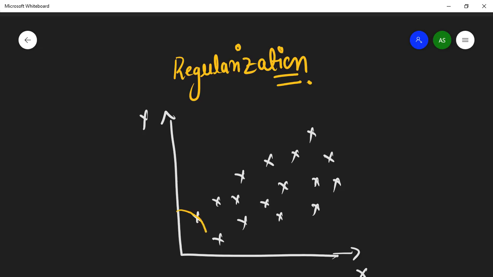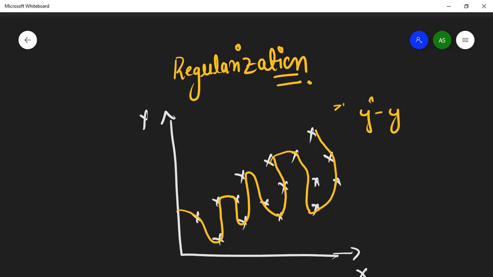Let's take an example where the cost function, the residual error, is very low, approximately 0, and the accuracy on the training set is very high, because it tries to touch each and every point. Here your cost function, the difference between your predicted and the actual value, summation of i equals 1 all the way to m, will be approximately equal to 0.